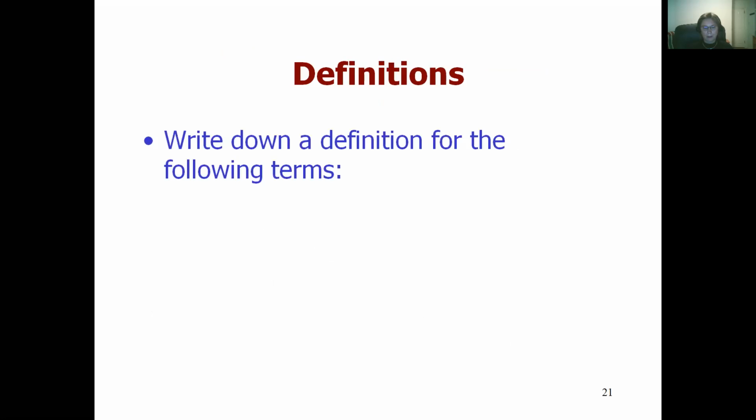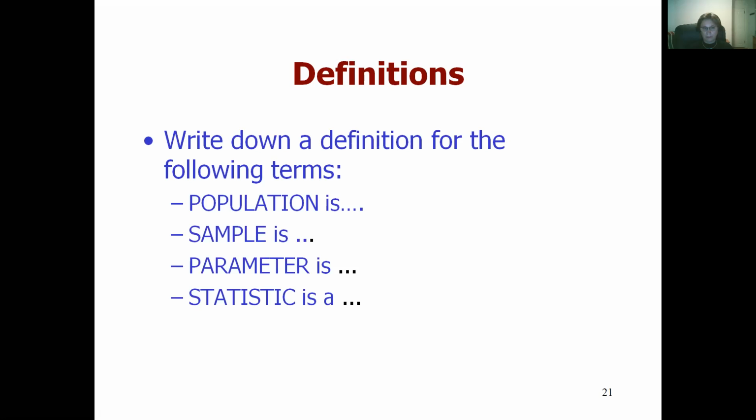All right. So now I'm asking you to write some definitions. They don't have to be formal. It's just what you think you know what they are. And these are these 4 terms. So what is a population? What is a sample? You should know the answers to these 2 questions.